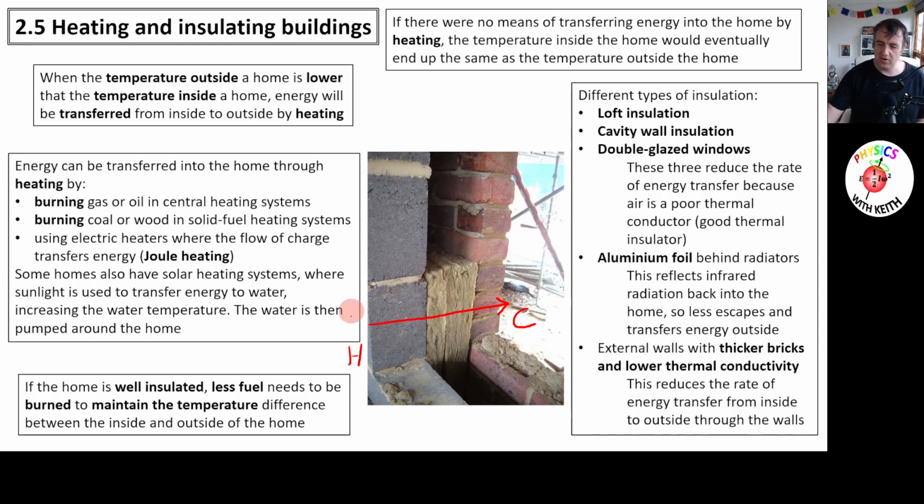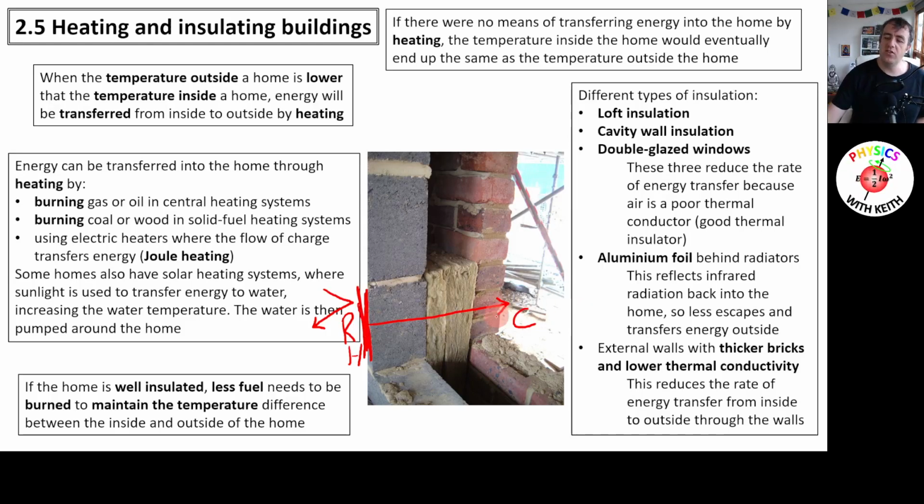Aluminium foil is an interesting one. You put aluminium foil here, so if you have a radiator where I've labelled it R, and you place aluminium foil, then the energy from the radiator is going to be reflected back into the room, rather than being absorbed by that side of the wall, which means this side of the wall on the left is not going to be as high a temperature as it would be without the aluminium foil.